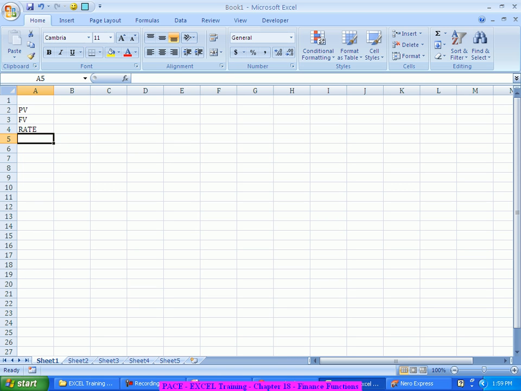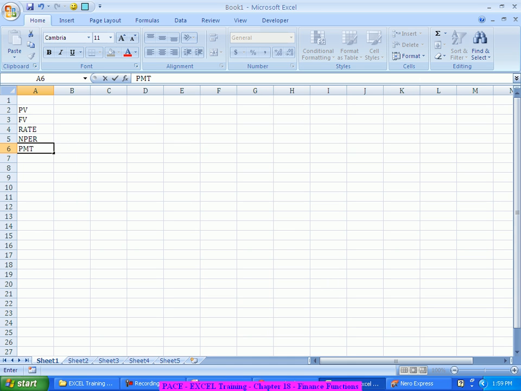This is actually called the periodic interest rate. The period could be annual, quarterly, whatever it is, but we'll represent it with rate. Then we also have NPER, which is the number of periods, could be number of years, months, quarters, whatever it is.